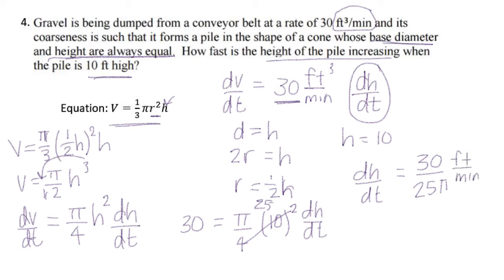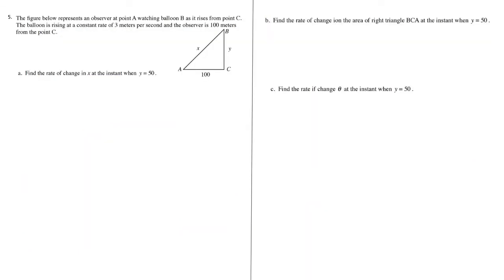Okay, moving on. All right, our last problem, and it was an old free response question. The very first part, they've given us a good bit of information here. The figure below represents an observer at point A watching balloon B as it rises from point C. The balloon is rising at a constant rate of 3 meters per second.